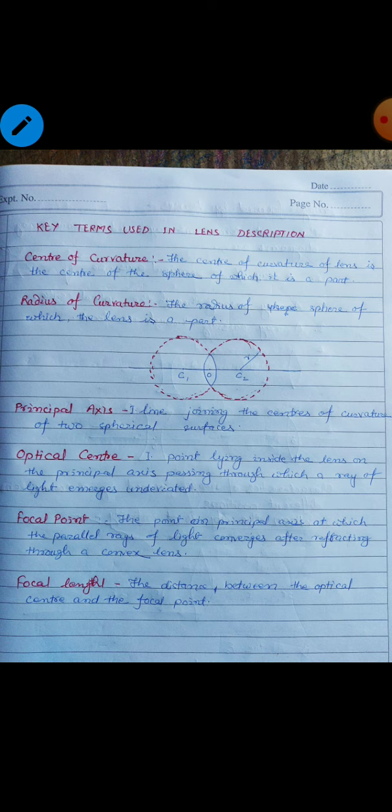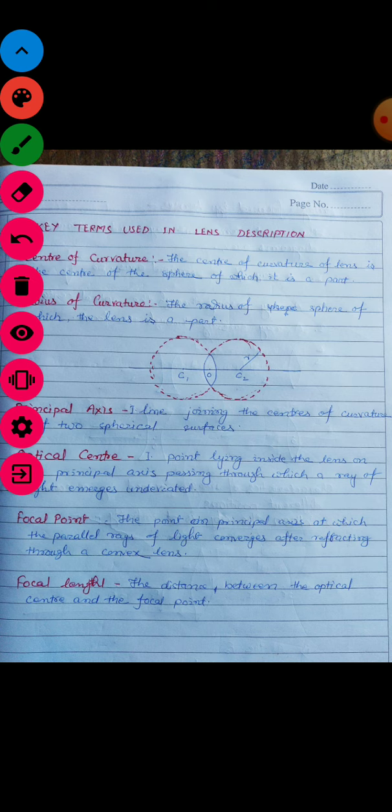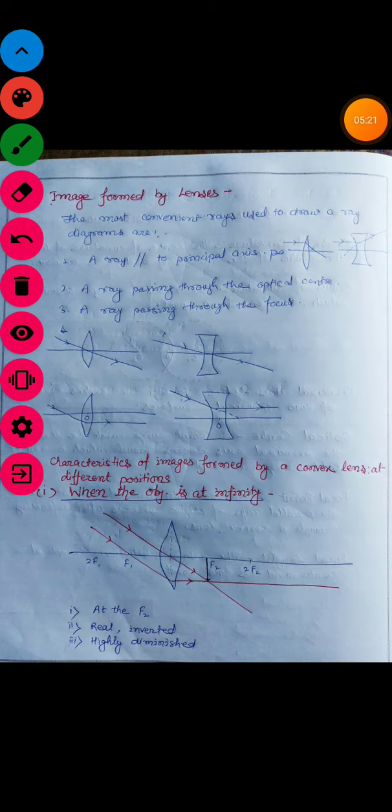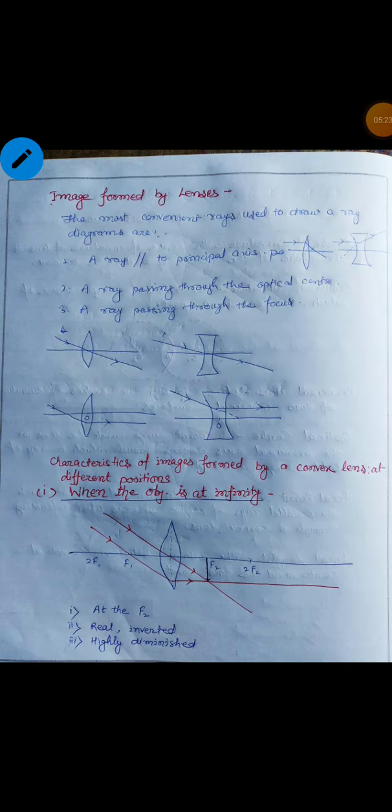For this one, student, we should understand that there are a few rays which are very important, or the most convenient rays used to draw a ray diagram. These are: number one, a ray parallel to the principal axis.